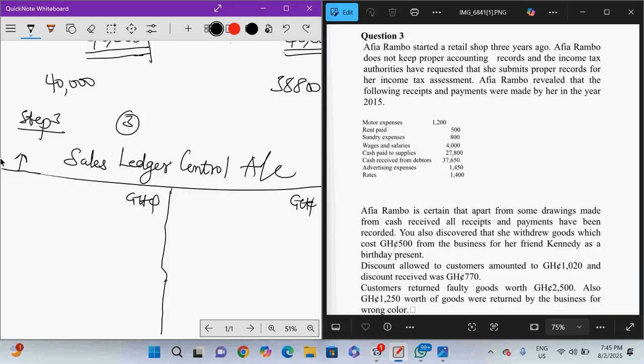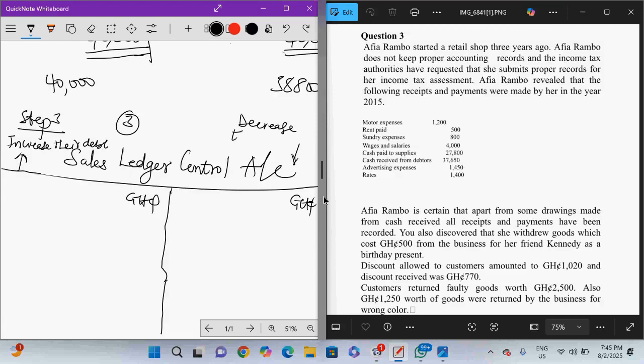So any item that will come to the debit side would increase the customer's debt, and the credit side will decrease their debt.